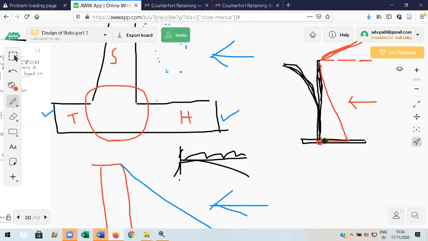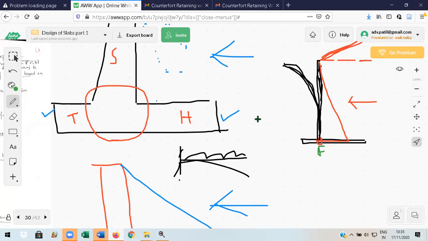Now what will happen to the heel? Observe here. It is also a cantilever fixed at this point. All these are fixed at the same point. Our assumption is that this is the fixed end. From the fixed point, all these are going to bend depending upon the net pressure acting on the particular member, heel, toe or stem.